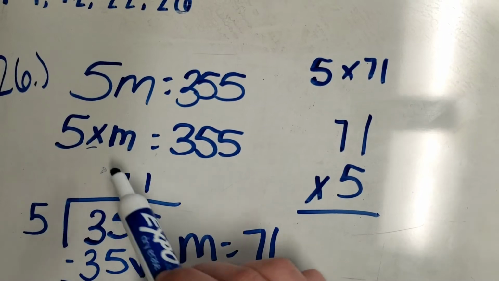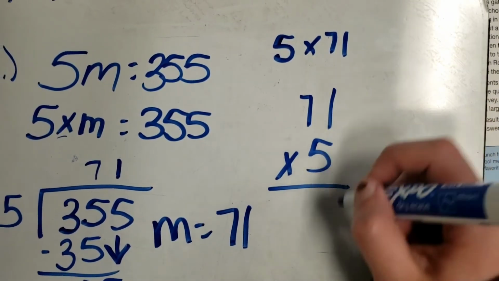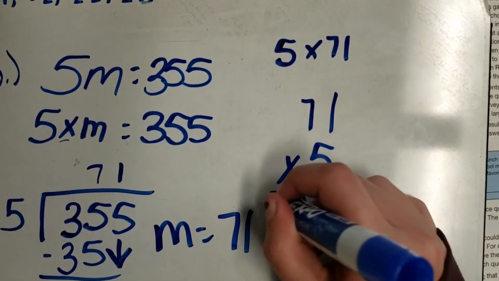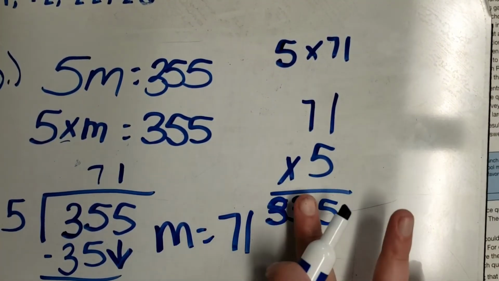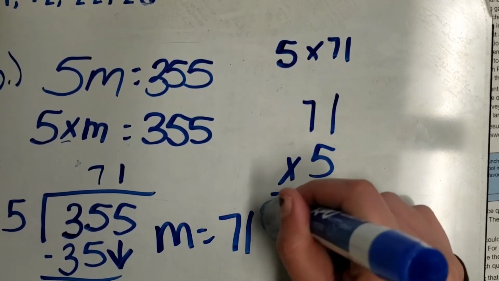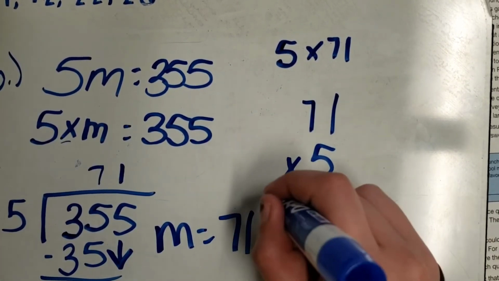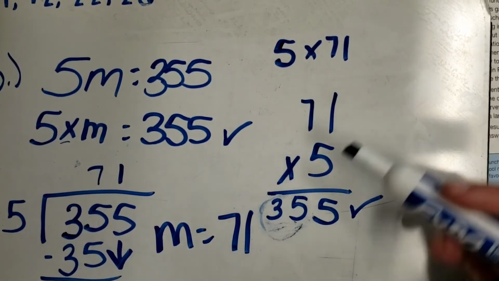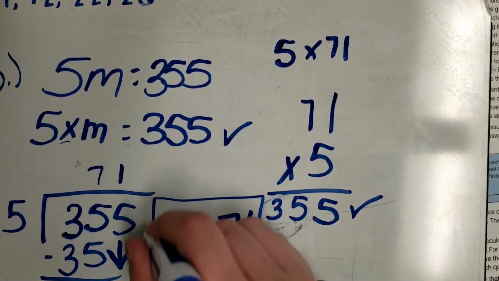So 5 times 1, 5. 5 times 7, oops, sorry. Did that wrong. Wrote my numbers backwards. Sorry. It's 35. Oh, that's the same thing as that. And we did it right. So M does equal 71.